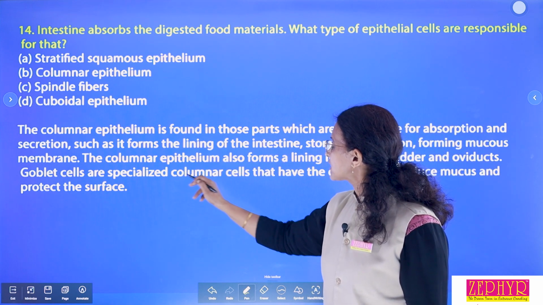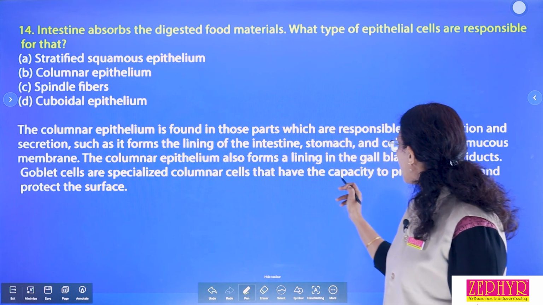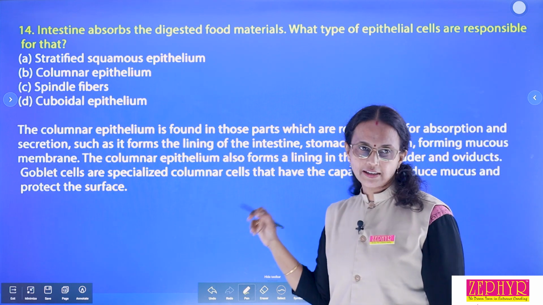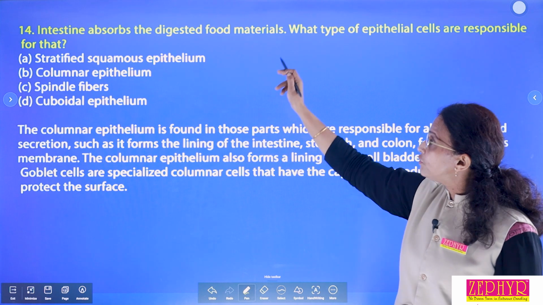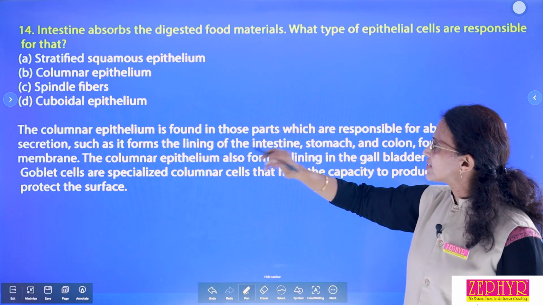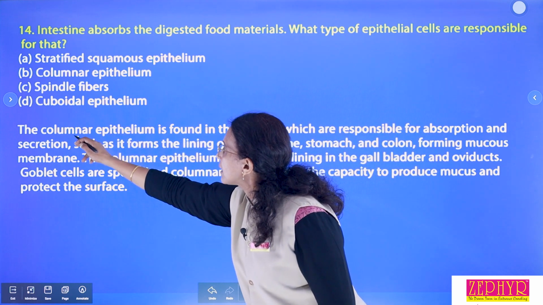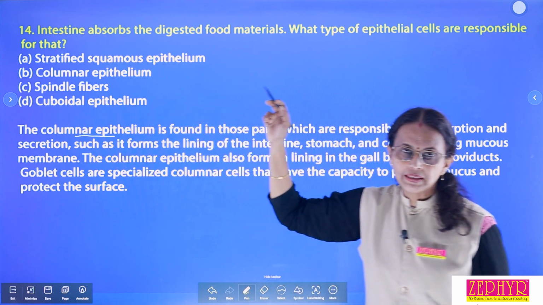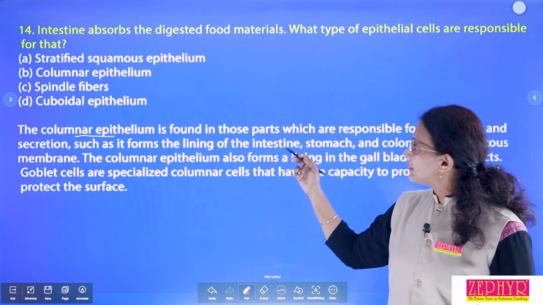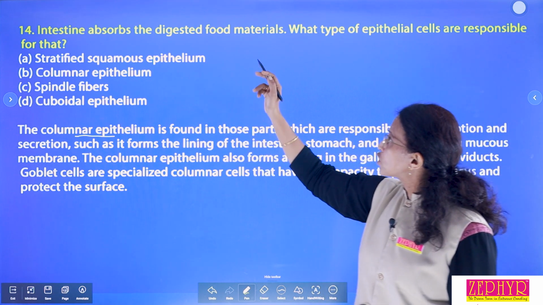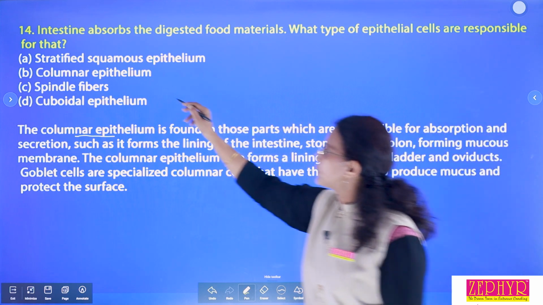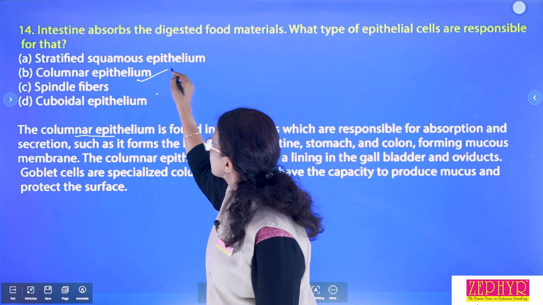Goblet cells are specialized columnar cells that can produce mucus and protect the surface. Which one helps in absorption of food materials in the intestine? Columnar epithelium. The shape of the cell is column-like. Columnar epithelium helps in absorption of digested food in the intestine. This one is the correct answer.